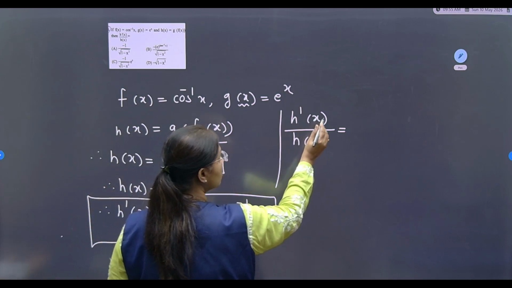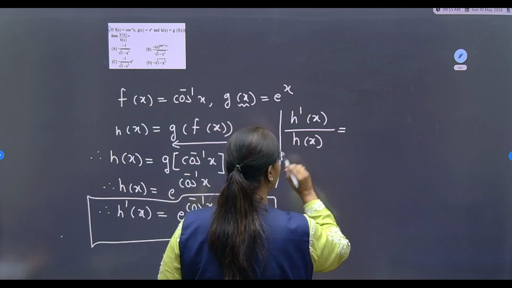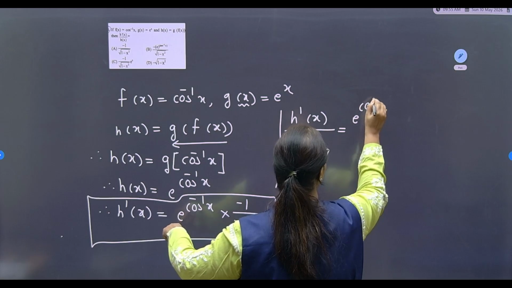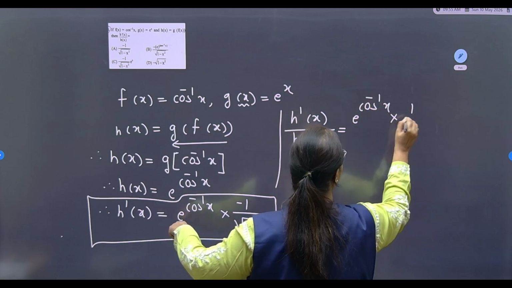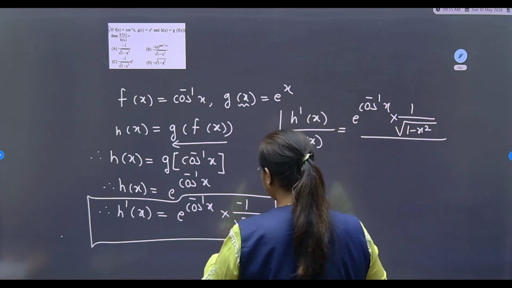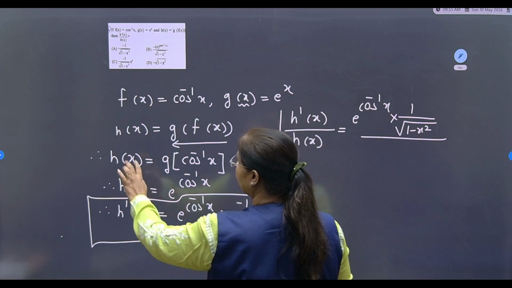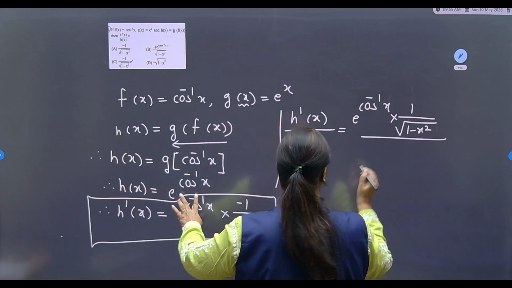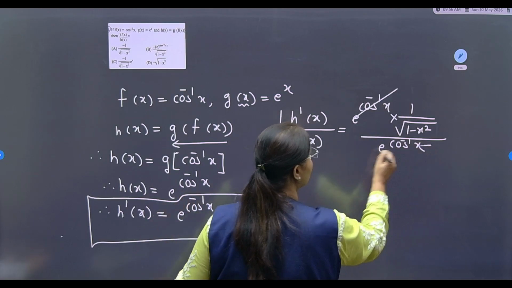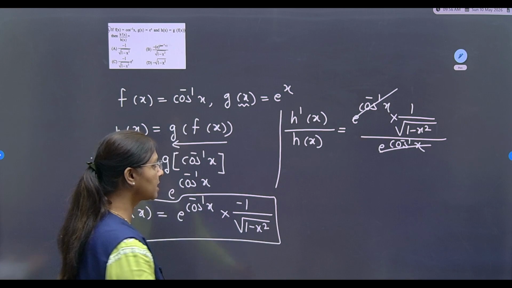Question: h dash of x upon h of x is equal to the value of h dash of x, e raised to cos inverse of x into 1 upon under root of 1 minus x square, whole divided by h of x. h of x is equal to e raised to cos inverse of x. The e raised to cos inverse of x terms cancel.